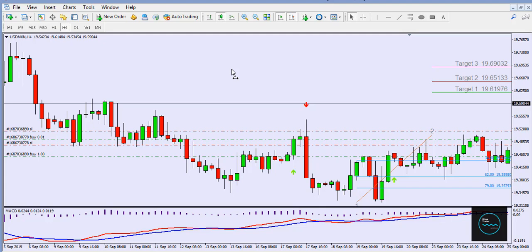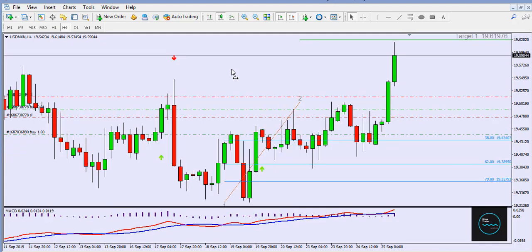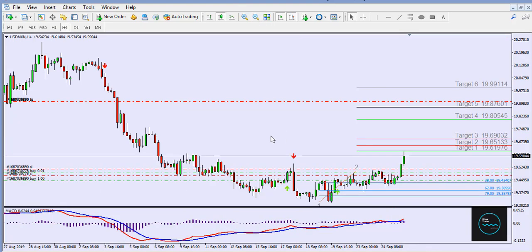If you can get in with a micro lot, then even if there's a drawdown against you and you are correct, you can still hang on. But if you go in with maybe your normal lot size of a standard lot or more, you panic, and most of the time you have to close the trade to avoid losing too much money.